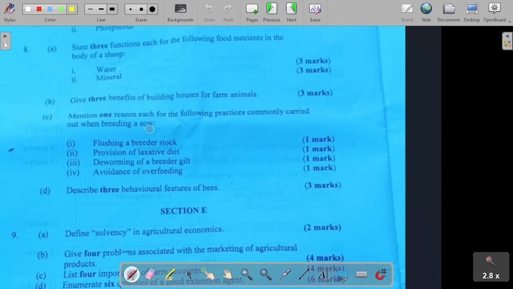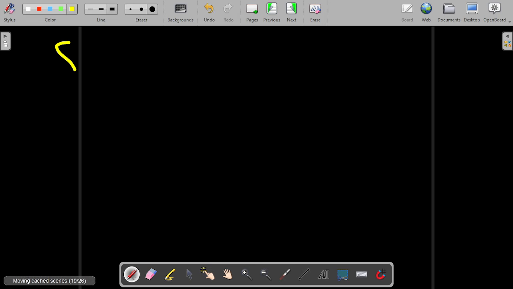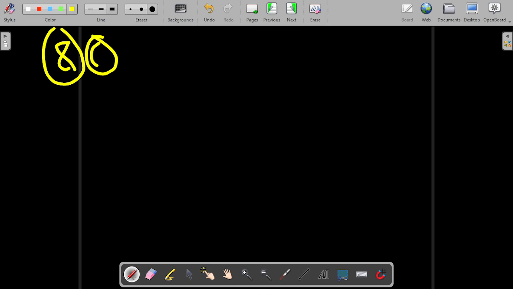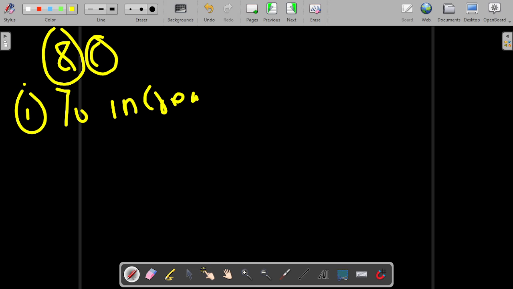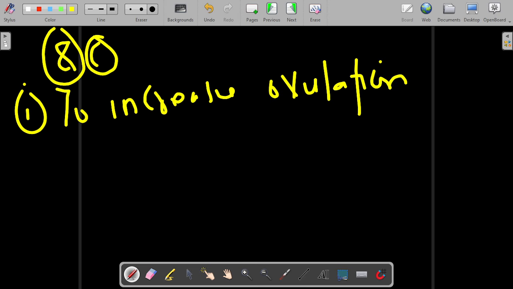8C says, mention one reason for the following practices commonly carried out when breeding a sow. So 8C, flushing of breed stock. 1, flushing of breed stock is to increase ovulation rates.